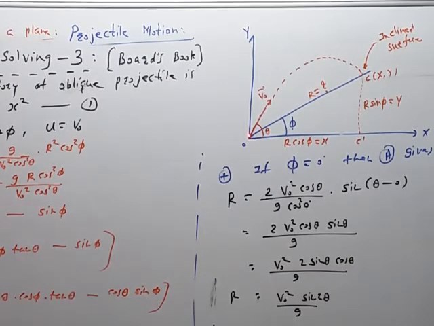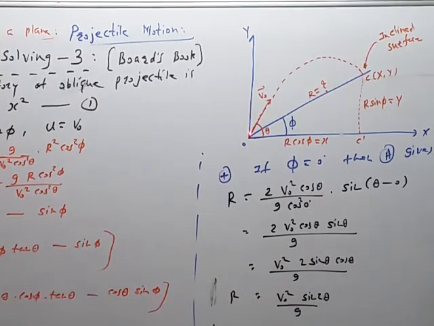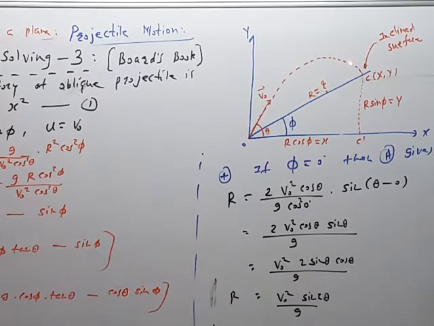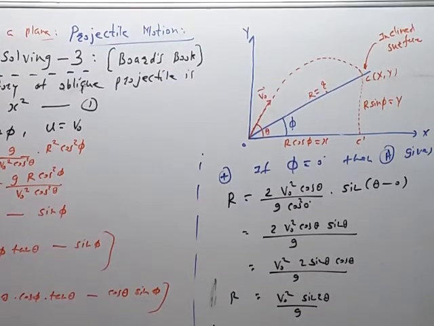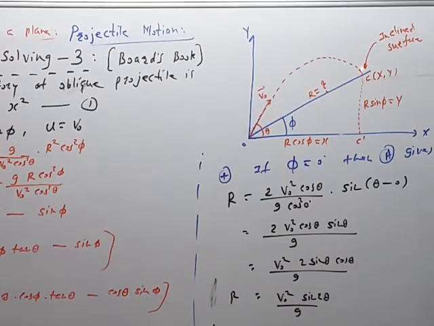So this projectile starts from O and it returns on the inclined plane at C. Therefore, this range will be obviously less than the horizontal range, because if the inclined plane is removed, then this projectile will come here, so it will be R. So this is R and this is R dash.